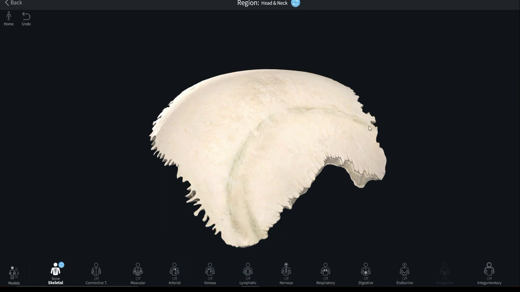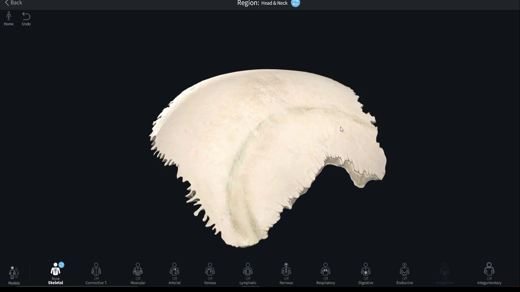Both the superior and inferior temporal lines run parallel to each other. So the superior temporal line is running like this on the outer convex body of the parietal bone, and the inferior one is also running parallel to it.